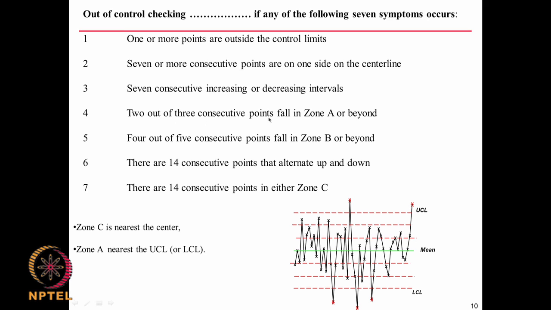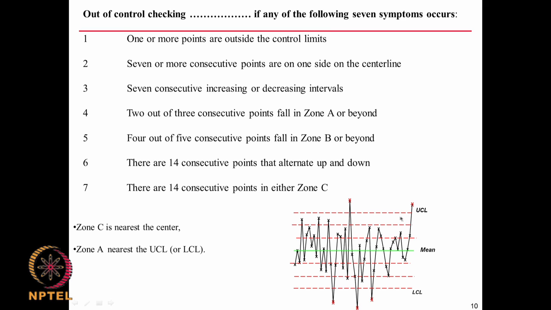2 or 3 consecutive points fall in zone A. Zone A is this. Suppose you have this as plus or minus 3 sigma, you can have this as plus or minus 2 sigma, this as plus or minus 1 sigma.